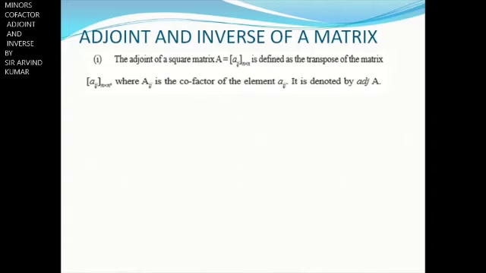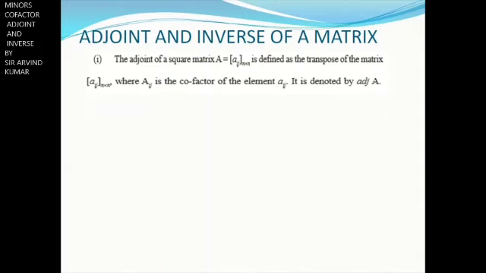Listen carefully. In my previous topic, I told you about the cofactors. We know that a 3 by 3 matrix contains 9 elements: a11, a12, a13, a21, a22, a23, a31, a32, a33.